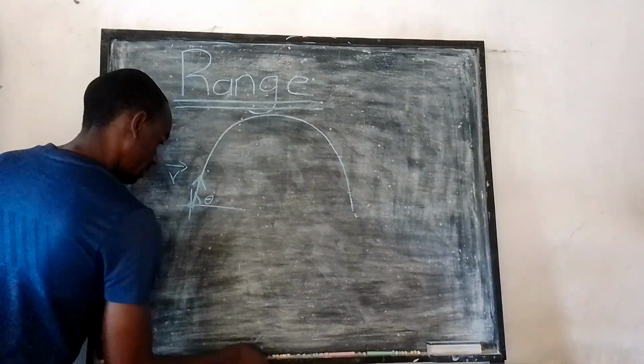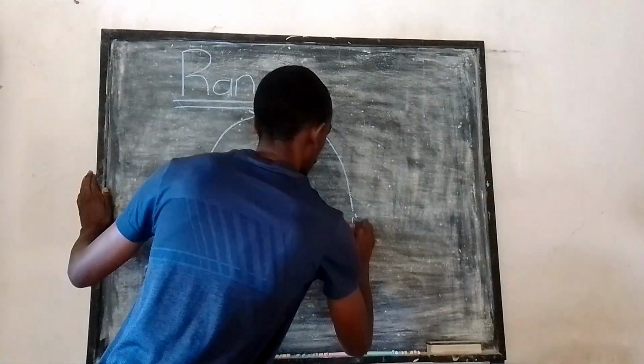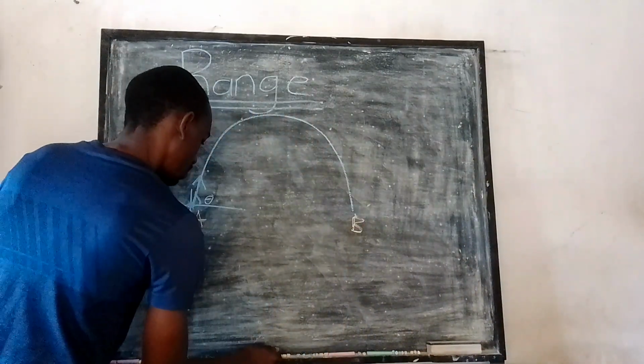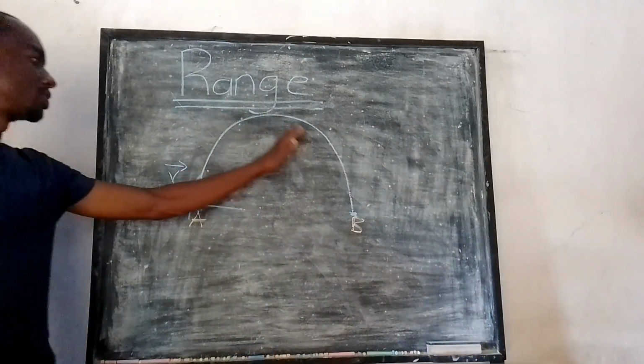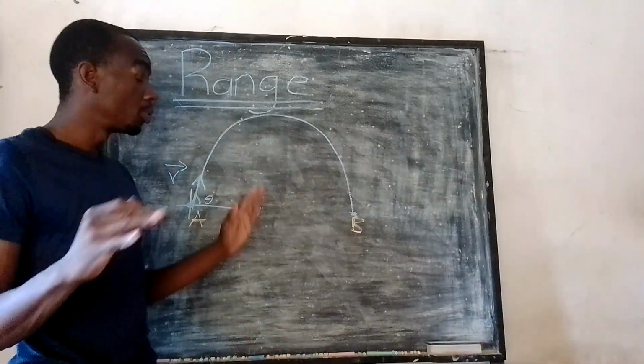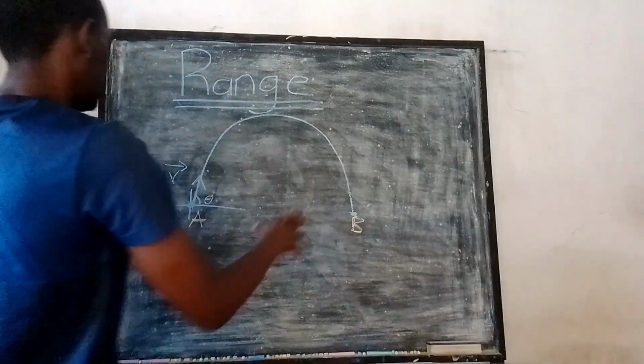Let's call this point A, and let's call the point where it lands B. Now, we have looked at this trajectory before. There's nothing new here. If you haven't seen this before, please watch my previous videos on projectile motion.